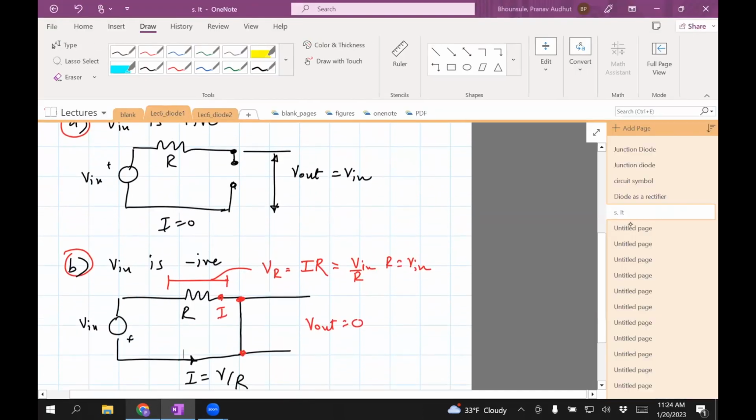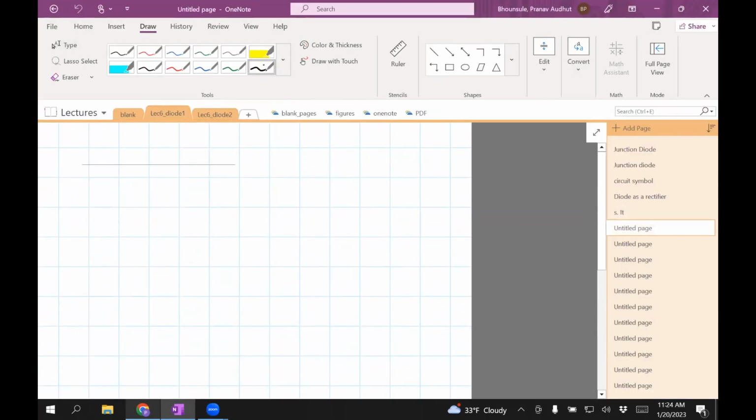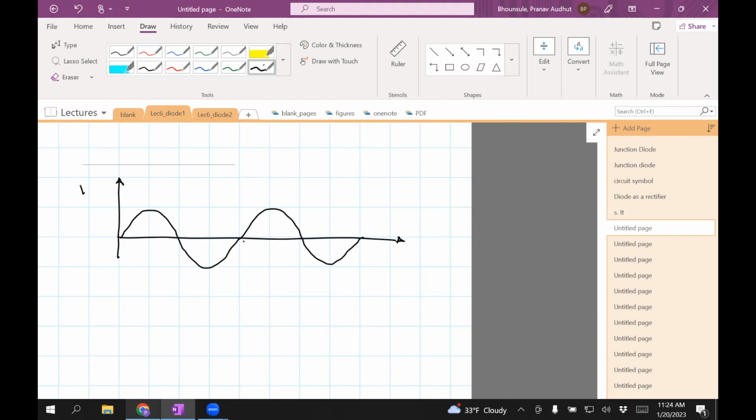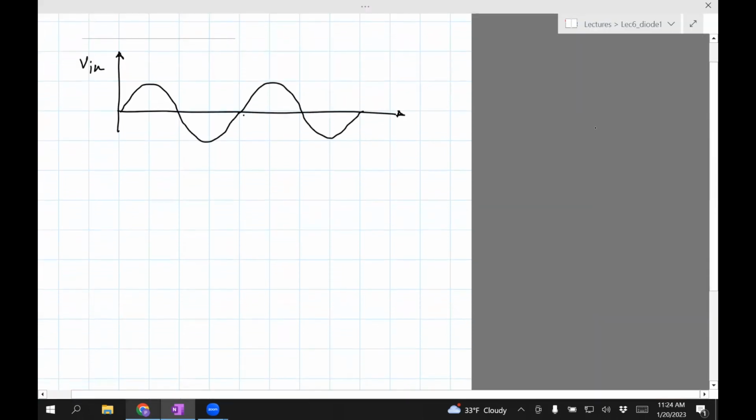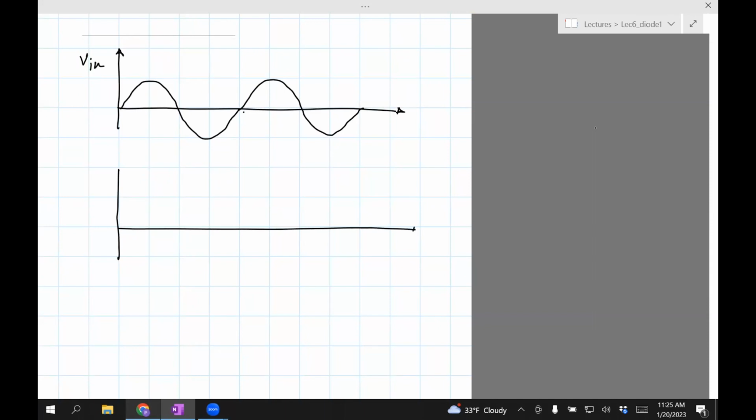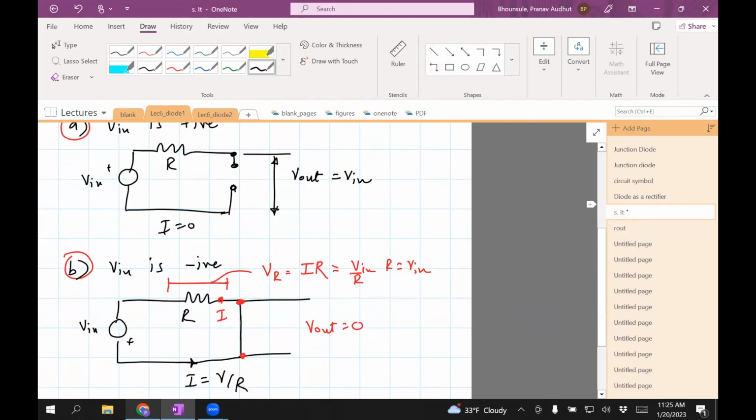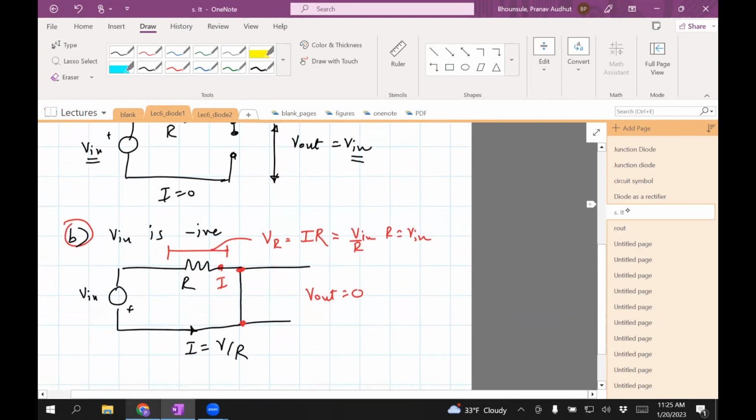So the plot will look like this. V in, V in, and this is going to be V out. Note that what we found was when V in is positive, V out is V in. When V in is reverse or negative, V out is 0.